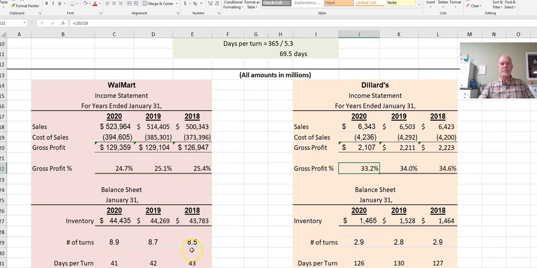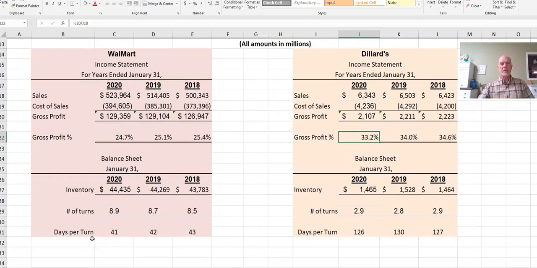Well, let's look down here. Number of turns. Walmart, they're turning their inventory almost 9 times every year. Take 365 divided by that, that's about 41, 42, 43 days per turn. Very, very consistent. On the other hand, Dillard's is turning their inventory just under 3 times a year.